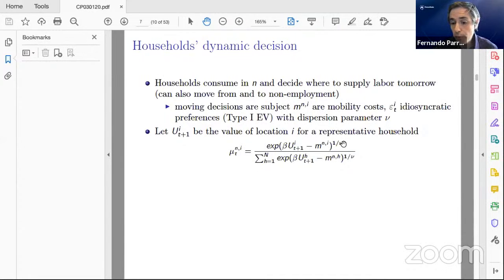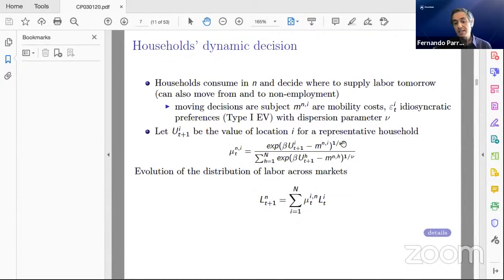And this parameter nu is going to discipline the mobility elasticity. So with the initial distribution of employment and the gross flows, we can solve for the whole dynamics of labor supply across locations at each time t. So this is the labor supply part of the model.